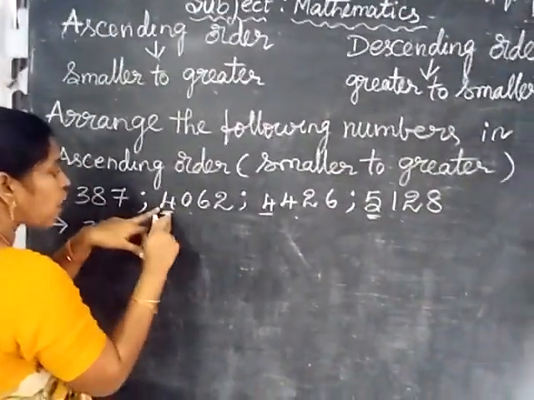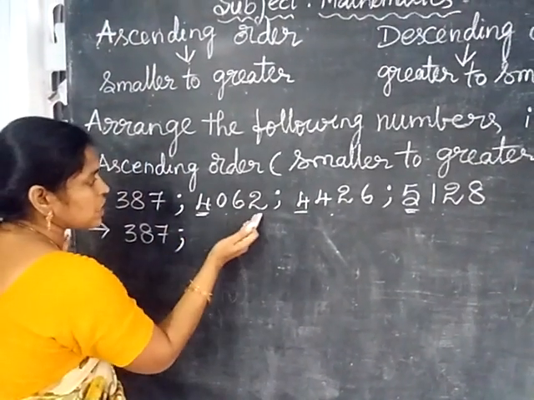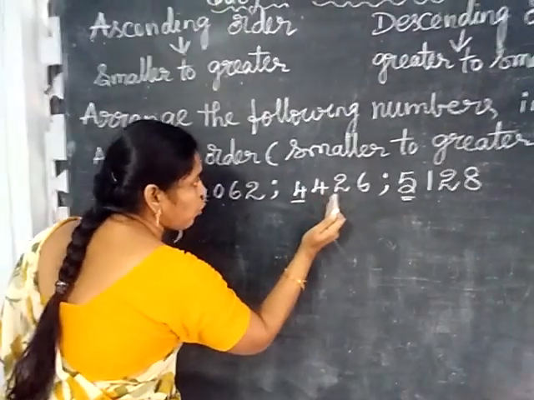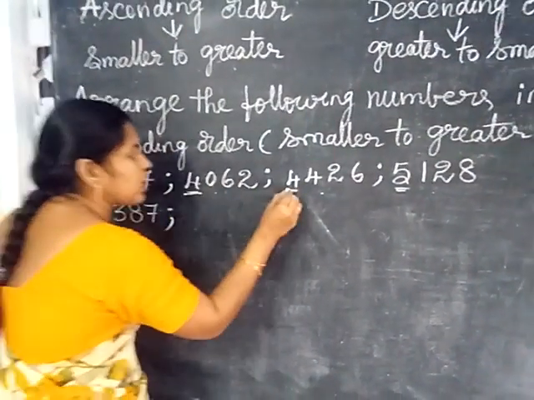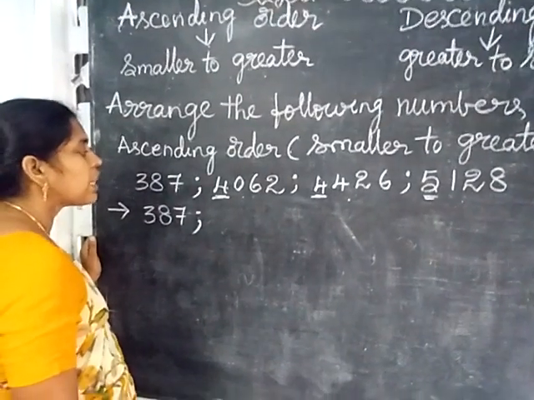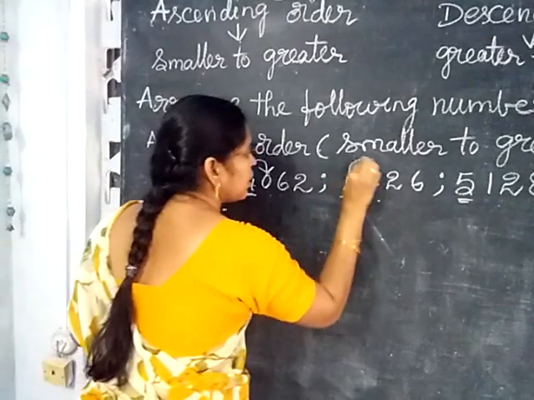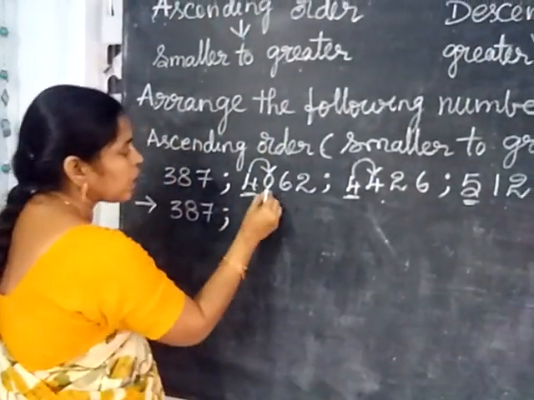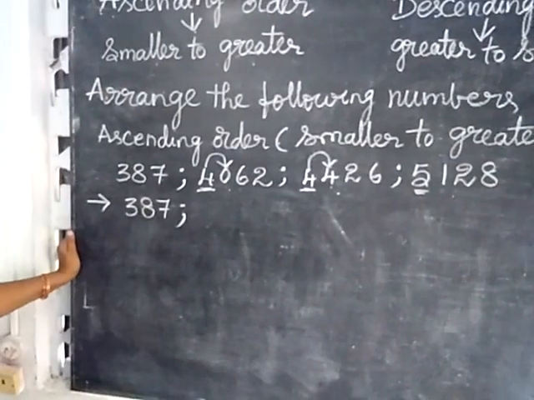But here, starting with 4, 2 numbers are there. This is 4062 and this is 4426. Both are starting with 4, the same number. Then you go to the next place to the right. See here, it is 0 and here it is 4. Which is the smaller one?